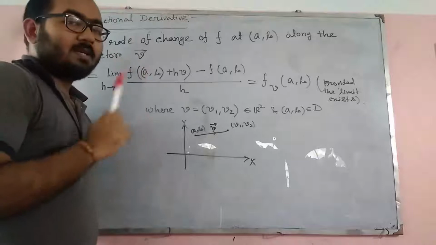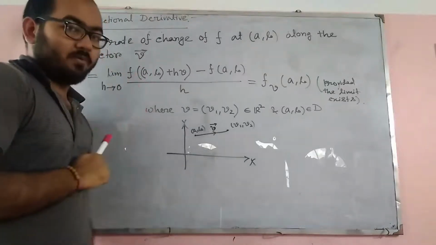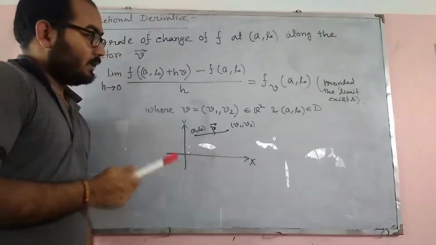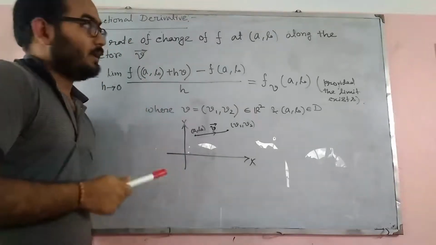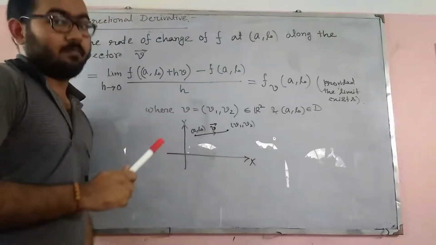Then the directional derivative of f at the point a comma b along the vector v cap is the rate of change of f at a comma b along the vector v.